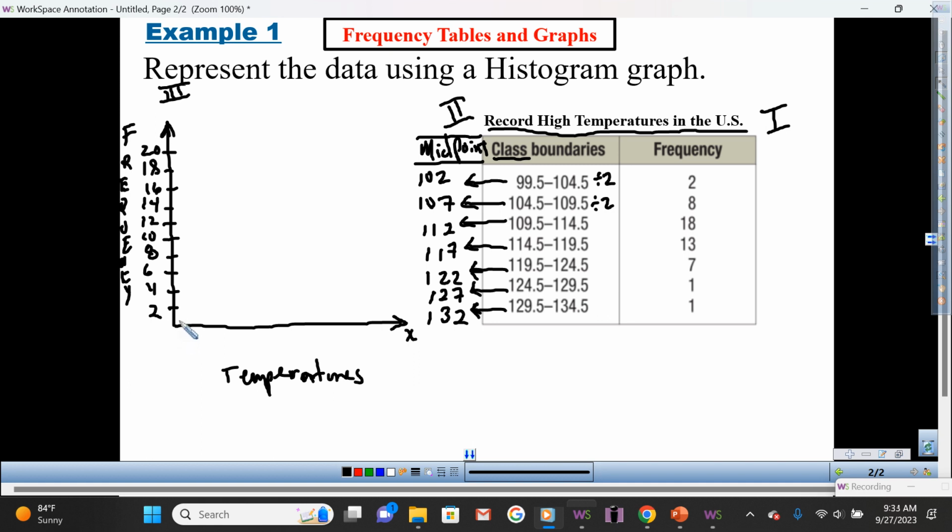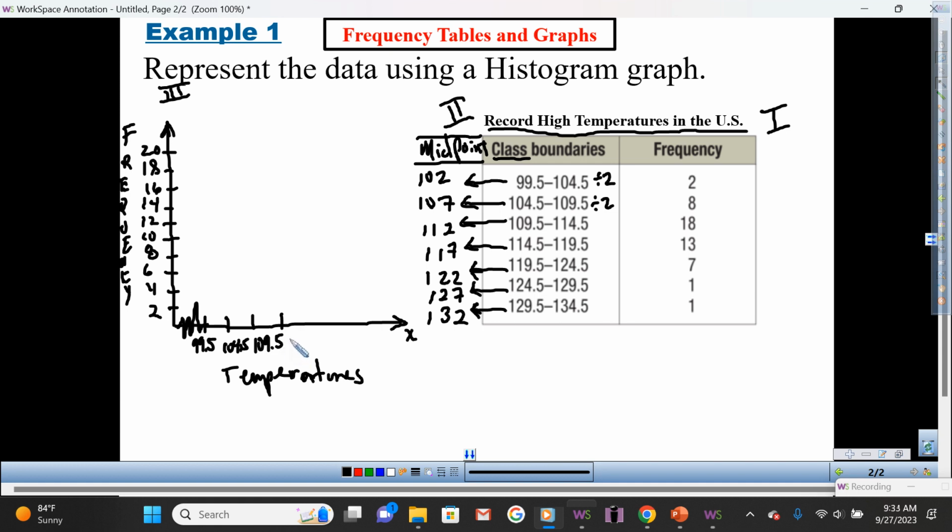That's why you see this in graphs, meaning that data is missing on that piece. So do like a little squiggly right there. And our first value is 99.5. Then we go next to 104.5.